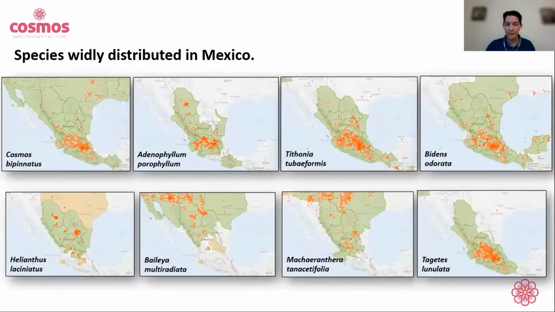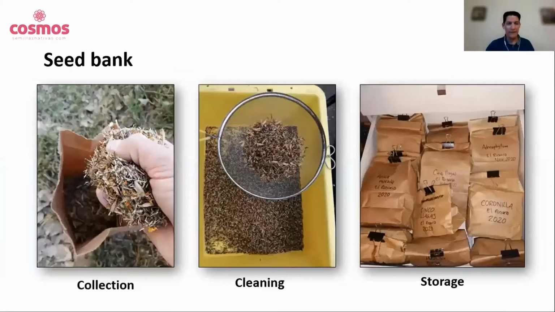I chose species widely distributed in Mexico because this will allow me to work in several different states without the worries of using alien species. They will be native species there. So I made a seed bank, I collect the seeds, I clean the seeds, and I store the seeds.